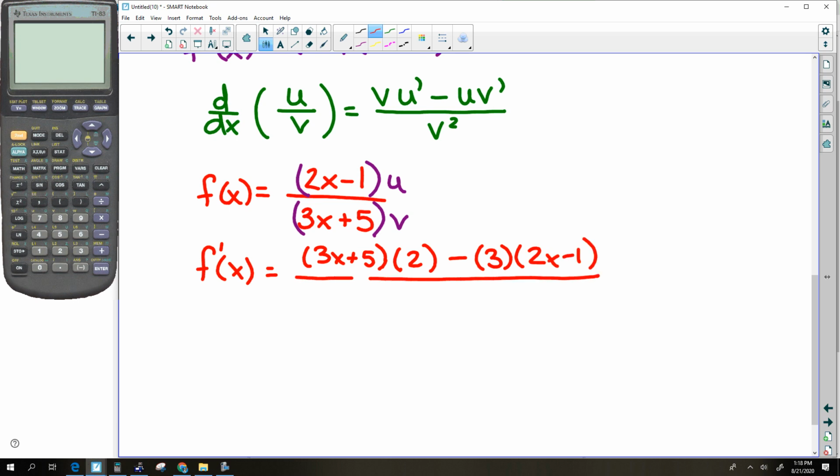All over the denominator squared. Okay. And I'm not really going to worry about the cleanup method, but as long as you can get the power rule correct and the quotient rule correct, that's really what I'm worried about. So this is your key to success. Bottoms up. The v goes up.